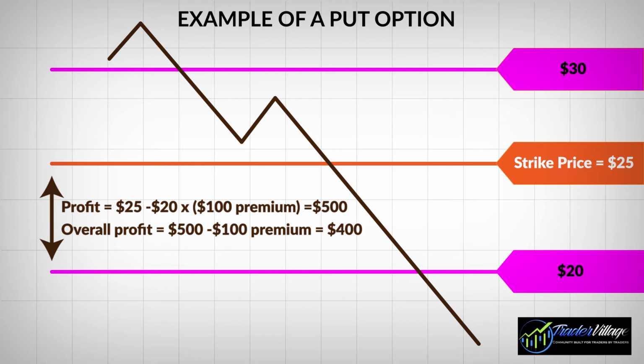Since put options come in lots of 100 shares, you multiply that $5 per share profit by 100, which yields a gross profit of $500. After deducting the $100 premium, you would be left with a net profit of $400. However, if the market had moved against you, you could let the option expire and your maximum loss would be the cost of the initial $100 premium.